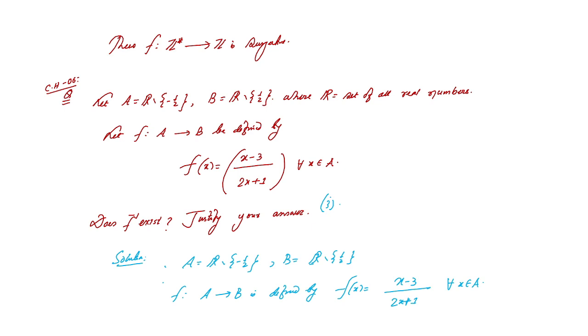So we'll show that this map is bijective, and then we can conclude that f inverse exists. But the question is whether the inverse exists or not.